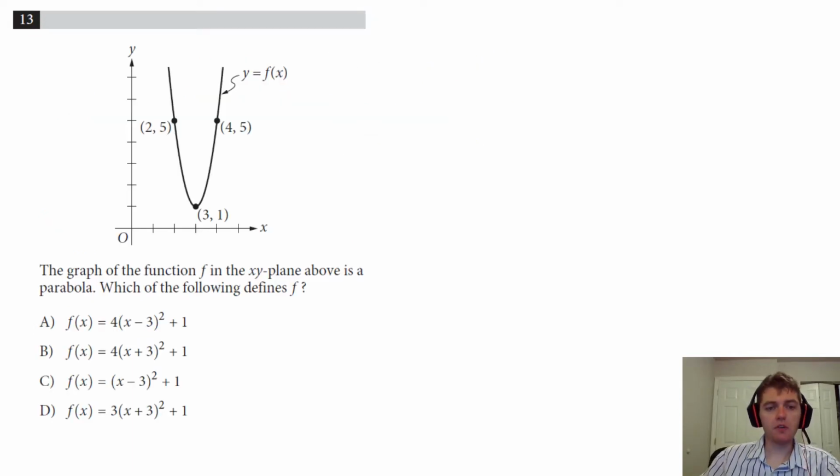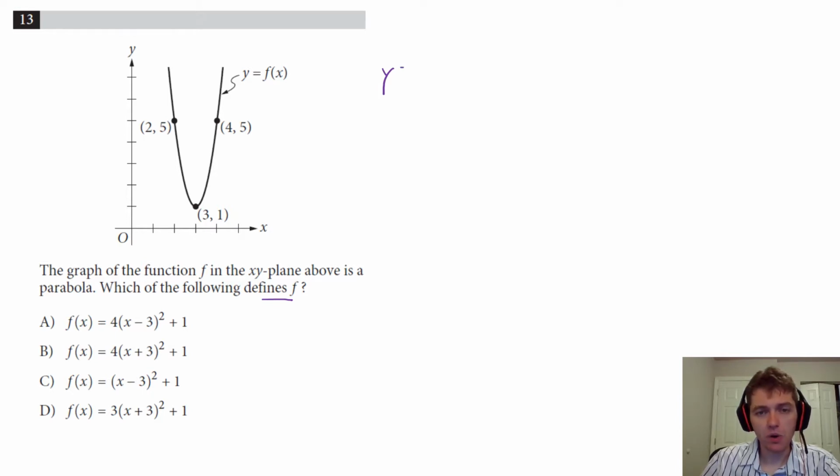Problem 13, the graph of function f in the xy plane above is a parabola. Which of the following defines f? So what's the equation of the parabola? Just like y equals mx plus b, this is probably the second most important equation, which is the vertex form of a parabola equation to know for the SAT.